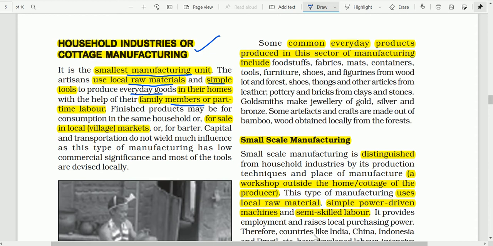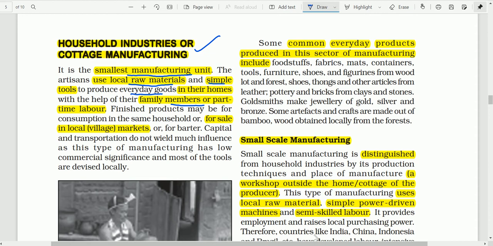Number one characteristic is that it is the smallest manufacturing unit. The second one, cottage industries use local raw materials. Then these industries use simple tools to produce everyday goods in their homes with the help of family members or part-time labor.